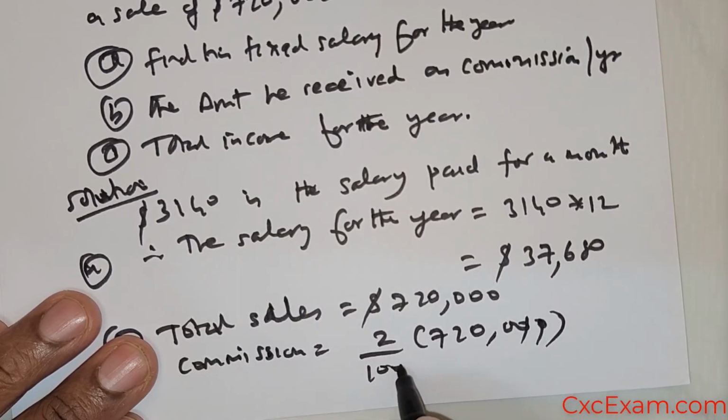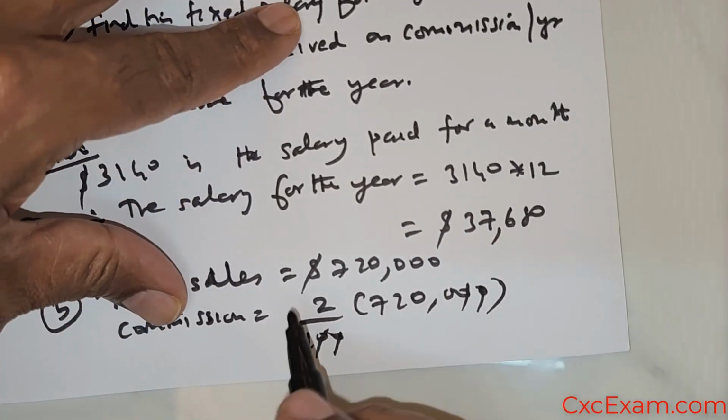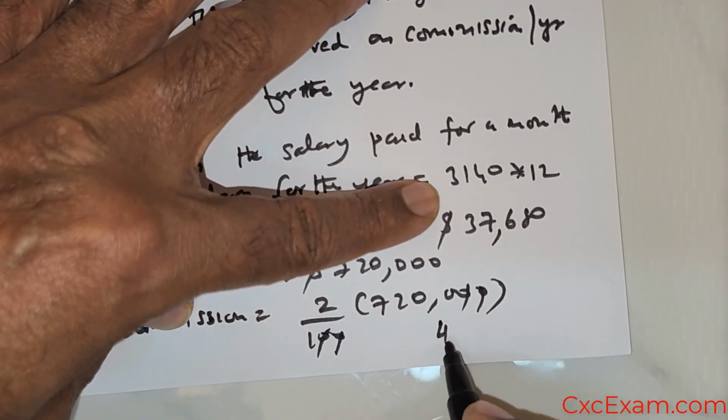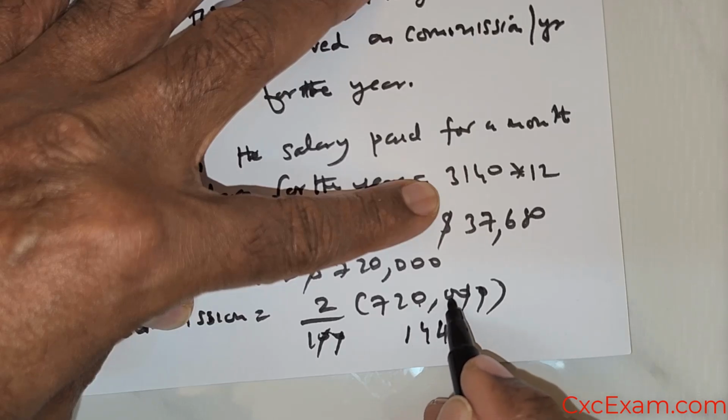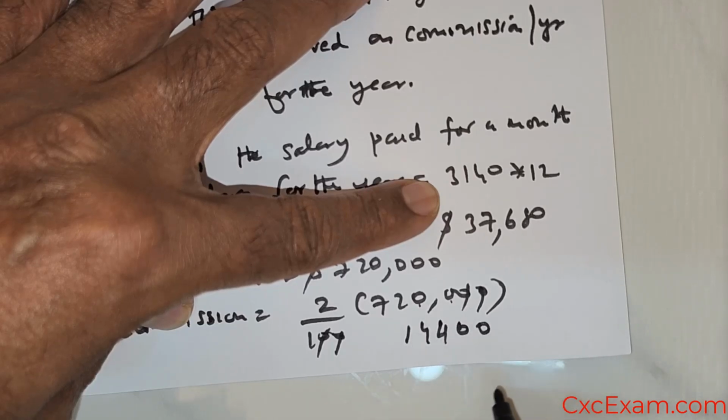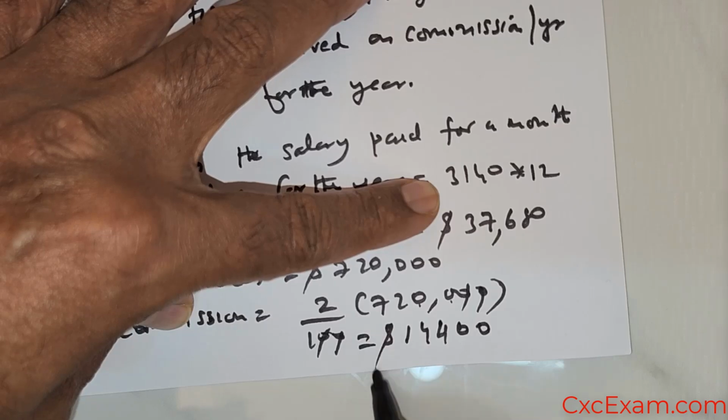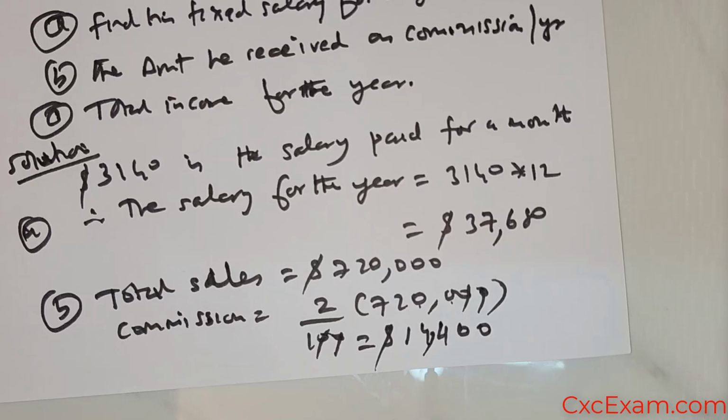So 2 zeros get cancelled. You multiply by 2, 7 times 2 is 14. So this is the commission he gets, 14,400.